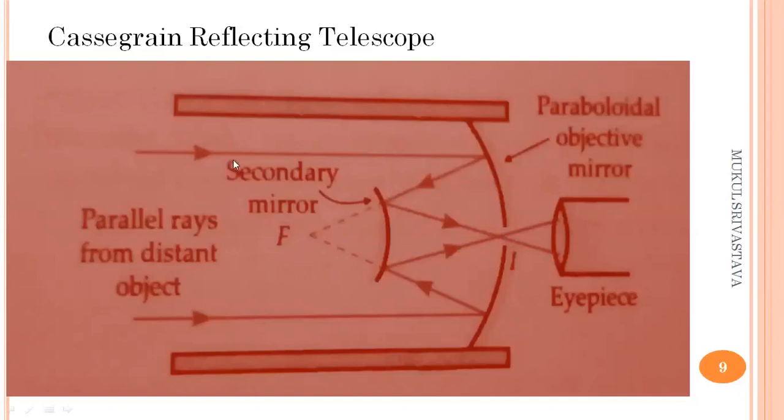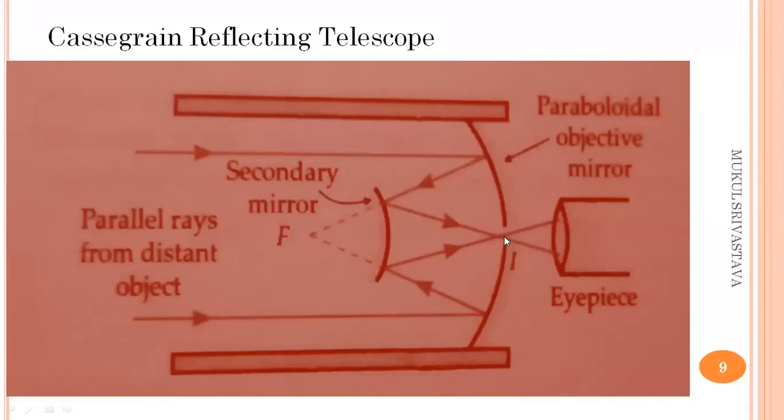Now the parallel rays from the distant object are reflected from the large concave mirror. Before these rays come to a focus at F, they are reflected by a small convex mirror and converge at point I near the hole.